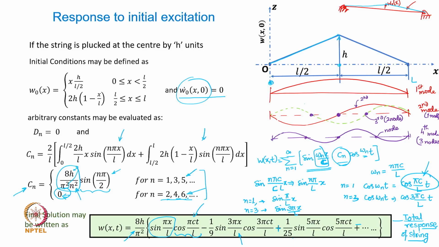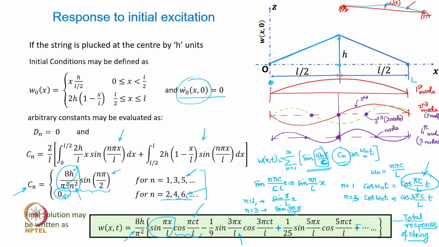In the third mode of vibration, this particular position and this particular position will have zero displacement. And in the fourth mode, this position, that is again at L by 2, the string has to have zero displacement irrespective of the time at which you are looking at it.